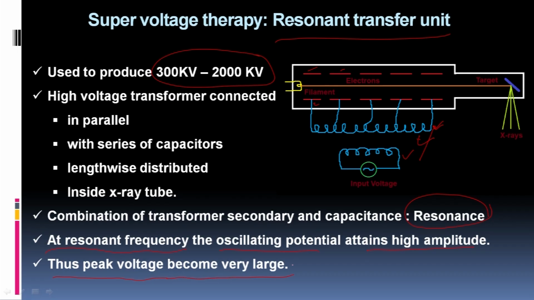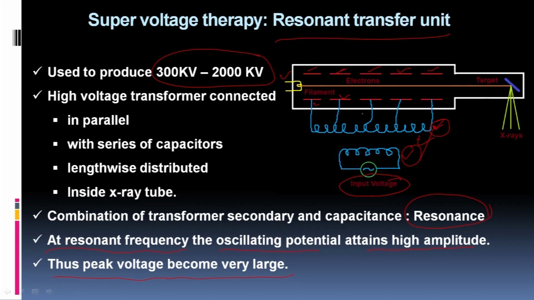So if you see the design, this is the filament, and these are the capacitors arranged within the tube lengthwise, and these are the secondary of the conventional transformer, and this is the primary of the conventional transformer, and we have an input voltage.